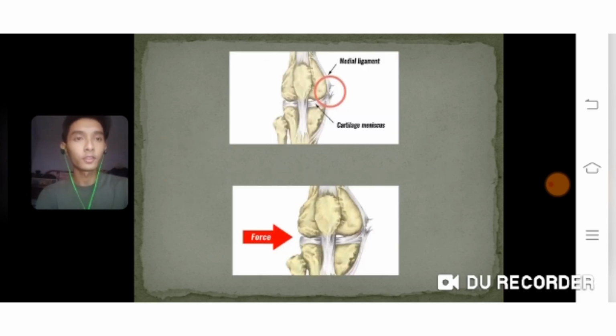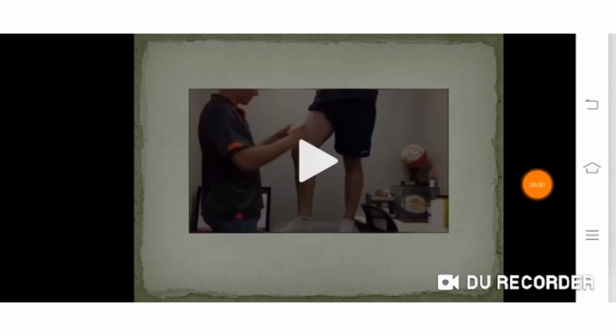As you can see in this picture, there is stress on the medial ligament from a force from the inside of the knee, which makes the medial ligament become torn. Okay, this is a video for the MCL taping. It will show you how to apply the MCL taping for the injured athlete.